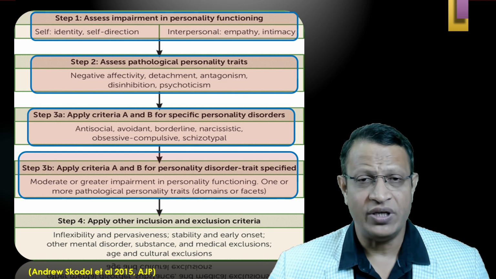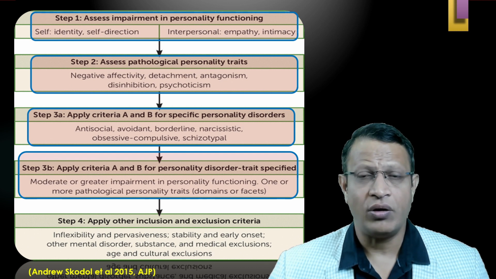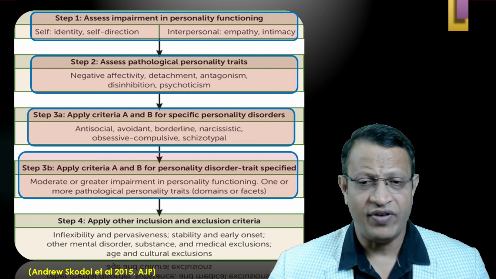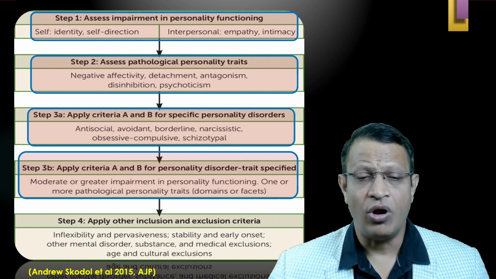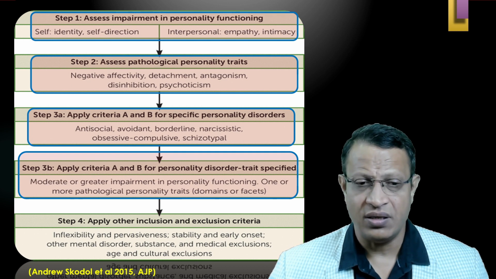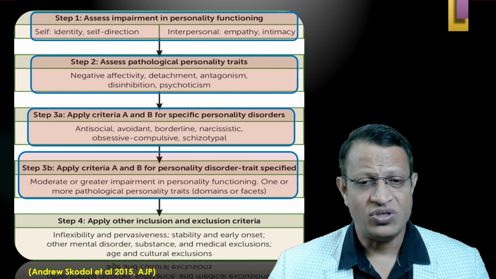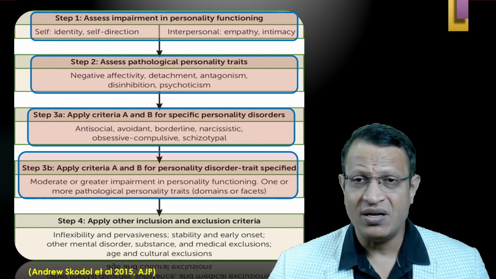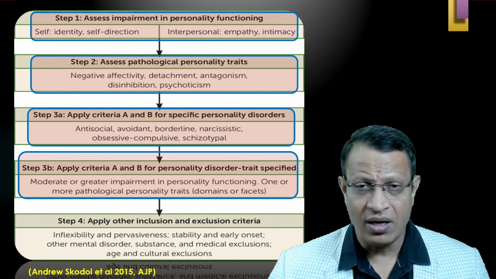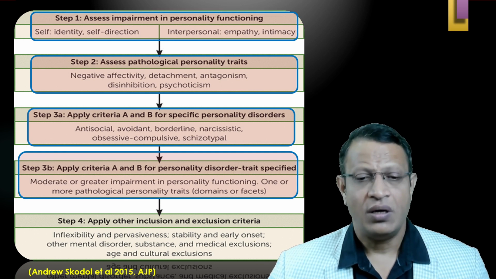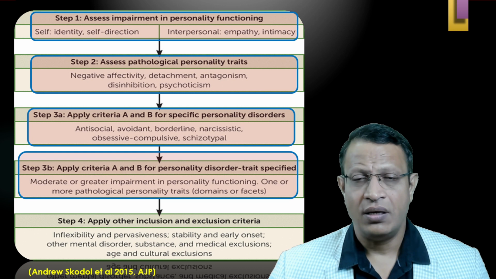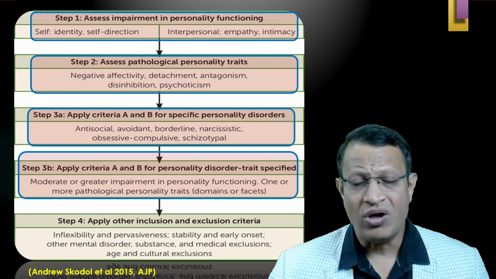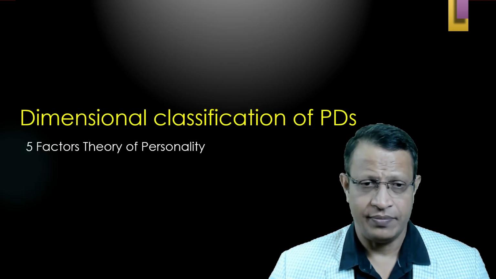And here you look into whether the person has moderate or greater impairment in personality functioning. One or more pathological personality traits can be considered here. Step 4 is to see whether there are some inclusion and exclusion criteria, whether these personality symptoms are secondary to any medical condition, substance use, drugs, or any other medical condition which can cause similar kind of behavior.